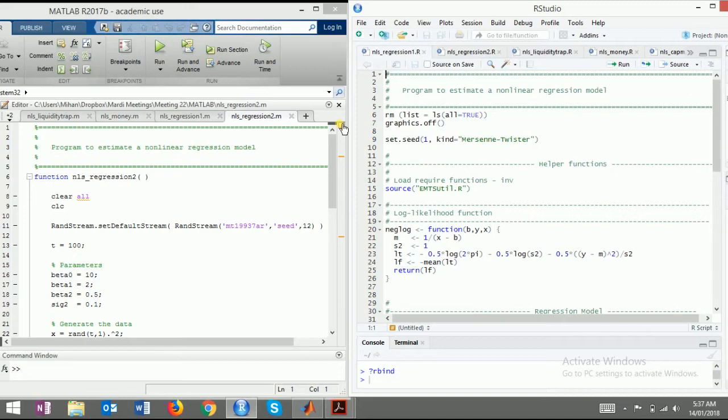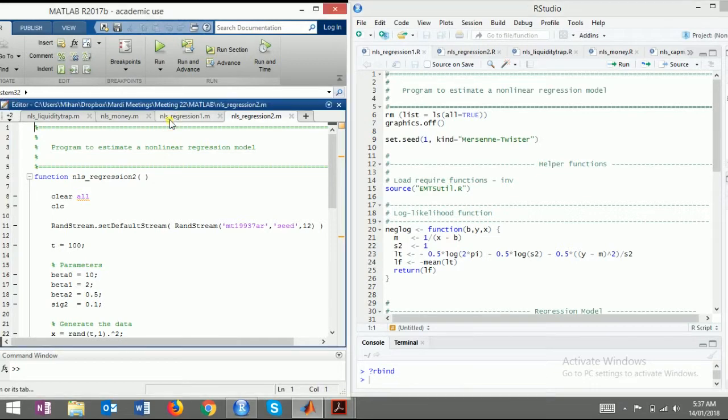Nonlinear regression. So we are gonna look into this equation here. First we see if there is any log likelihood function.